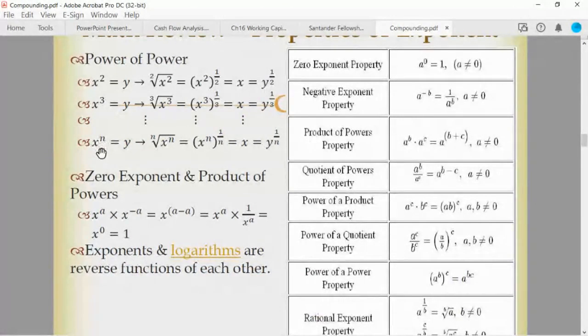Again, if it is x to the nth power, then you take the nth radical, or nth root, of x to the n.